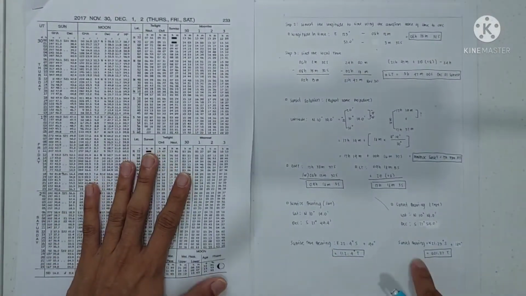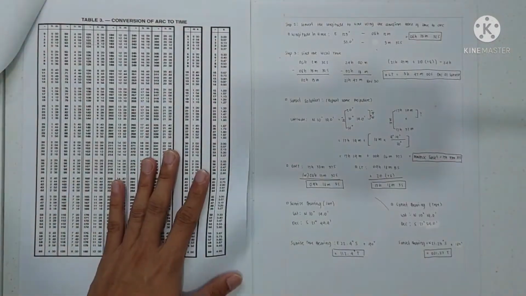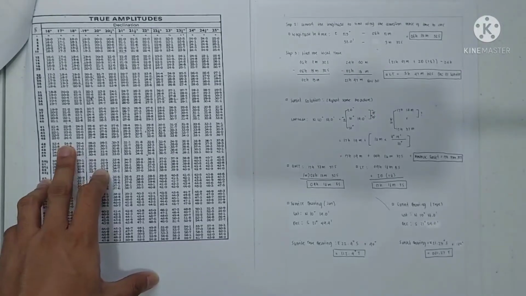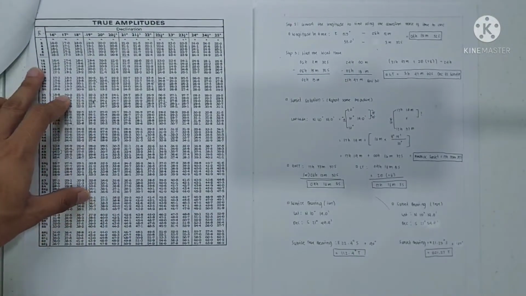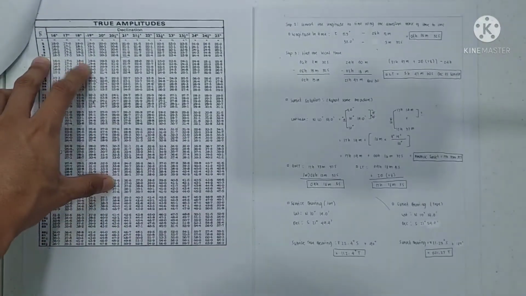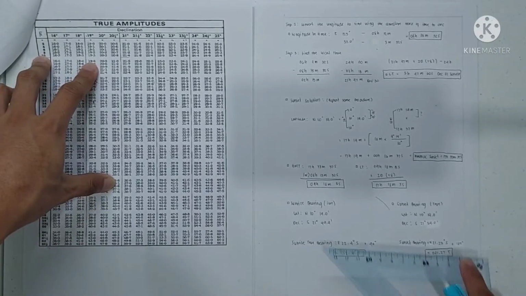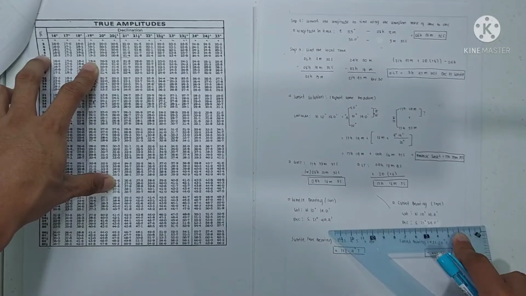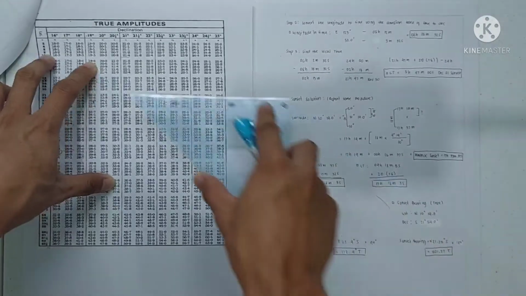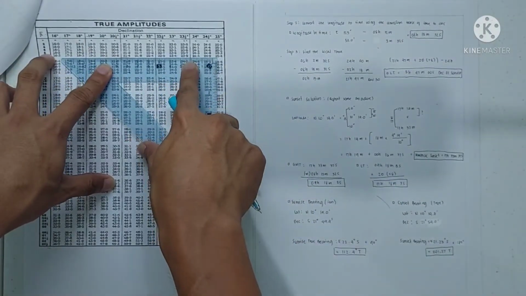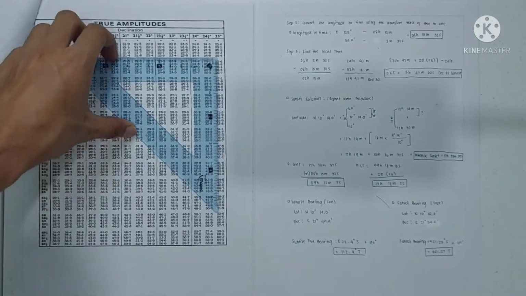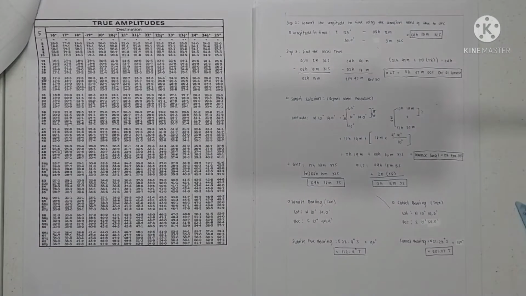So to get the sunset bearing, we need to go again to our amplitude table. To locate our amplitude value, we have the latitude, which is 10 degrees, and again the value of our declination, which is 21.23 degrees, added to 180.